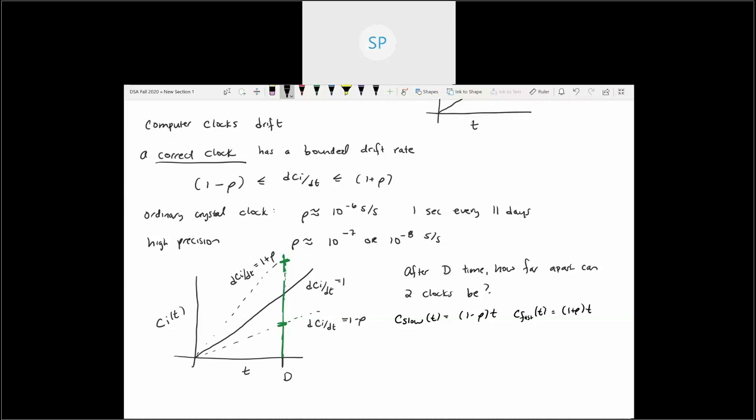Assuming they both start at 0, we're going to see where they can be at time D. Then we subtract C fast minus C slow of D, and we get 2 rho D. Make sense?